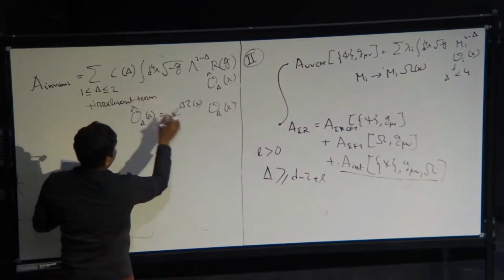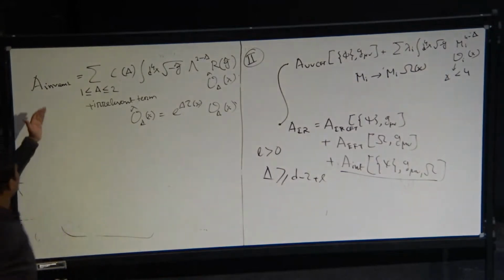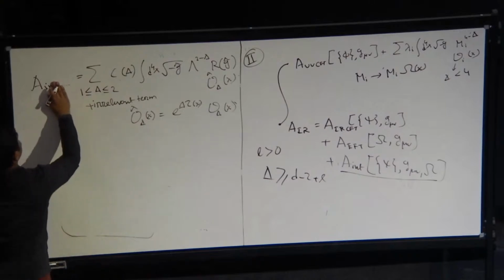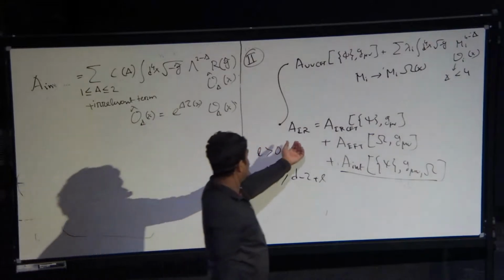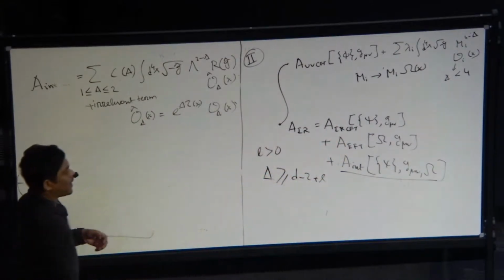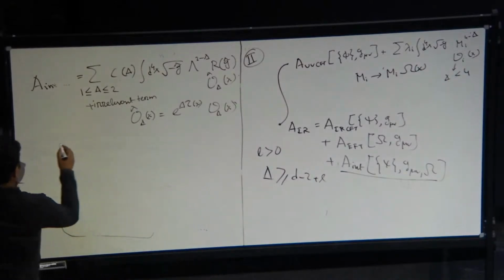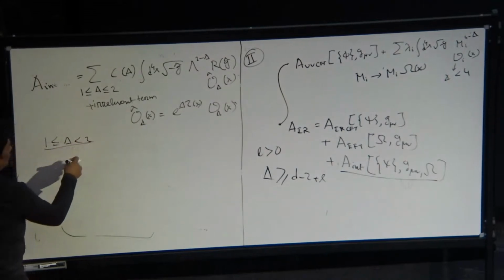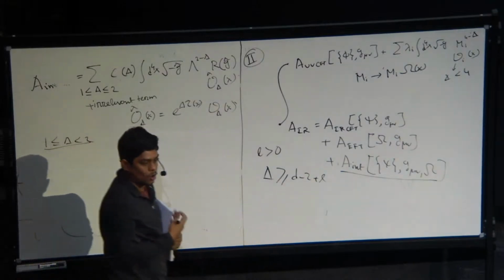Which basically contain negative powers of this capital lambda. Now we can try to see if this kind of interaction term appears, which couples this operator with the CFT degrees of freedom, can it affect our vertex? What happens is that for generic delta, for 1 less than or equal to delta less than 2, it turns out that it affects our vertex, like the 2 graviton 1 dilaton vertex, but only non-locally.